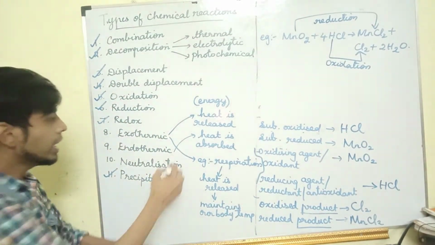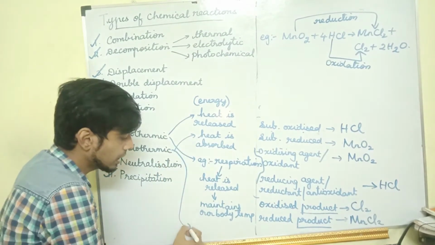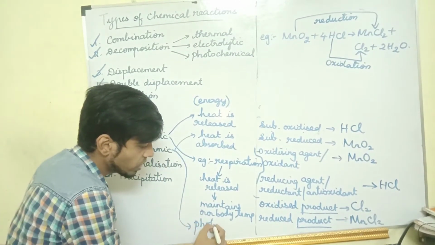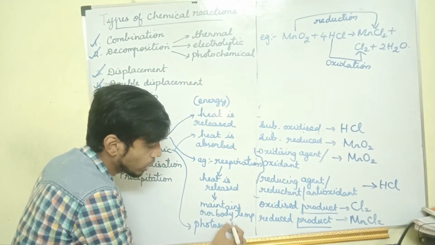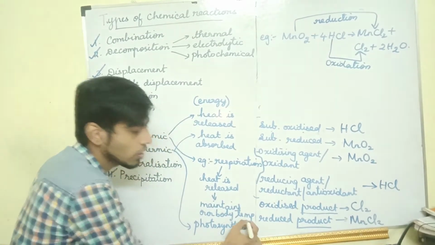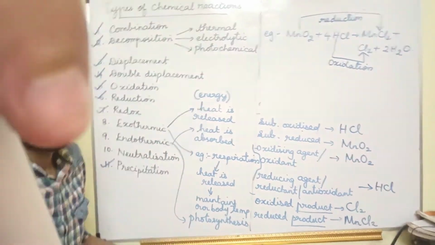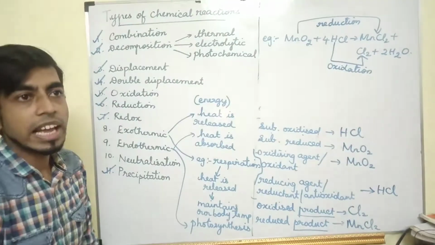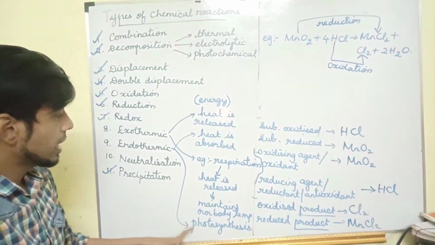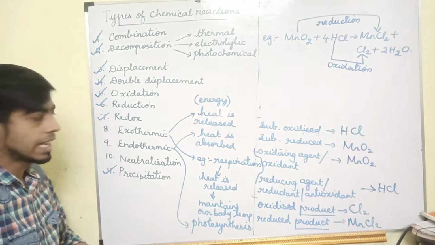Next, for endothermic, the example is photosynthesis. Why? Because it takes place in the presence of light energy, sunlight. So it is an example for endothermic reaction.